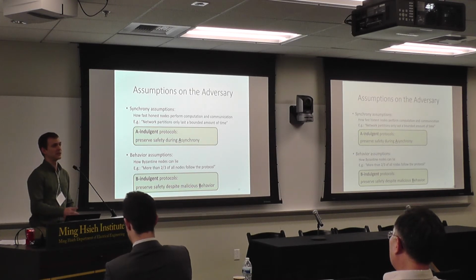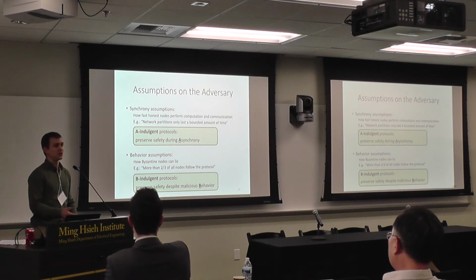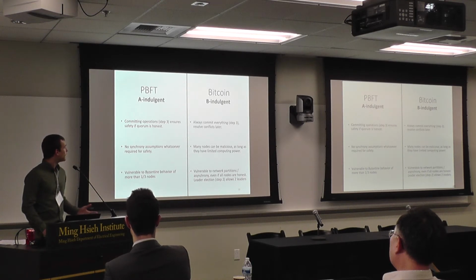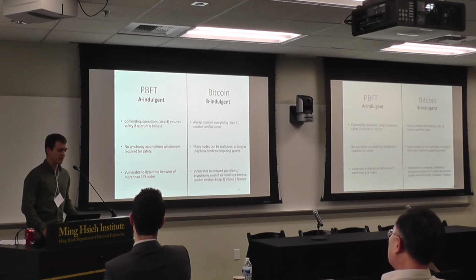But we think that this might be an interesting way of seeing protocols and maybe choosing them based on where we want to deploy them, what we want them to do, how we're going to use them, what we expect from them, and what we can guarantee as assumptions of the system. So PBFT is a typical A-indulgent protocol, while Bitcoin is a typical B-indulgent protocol.